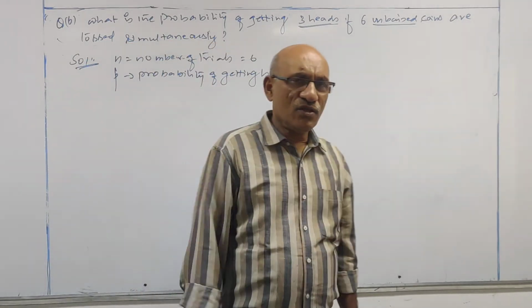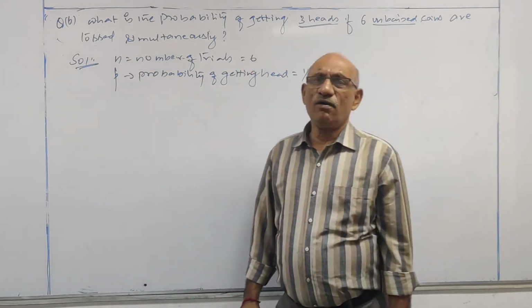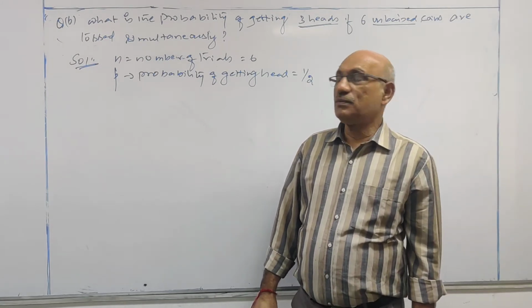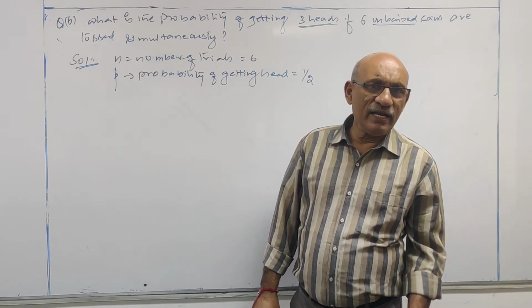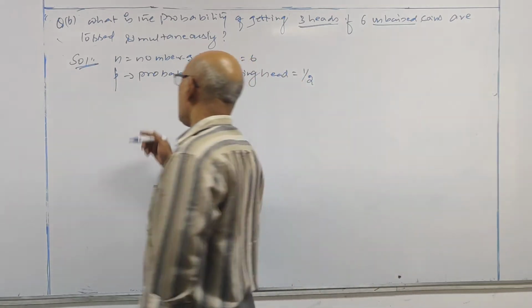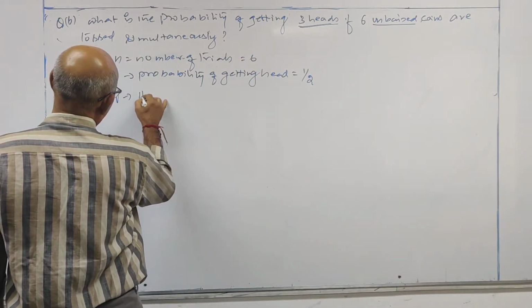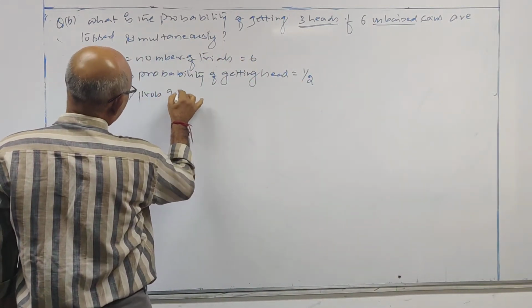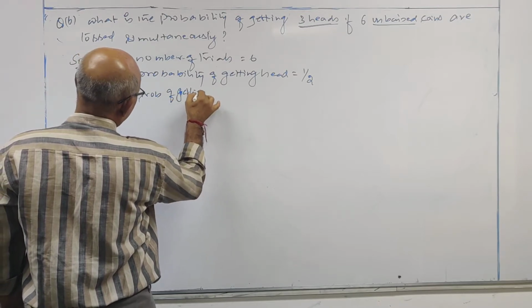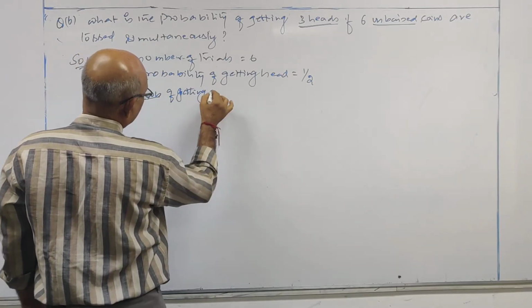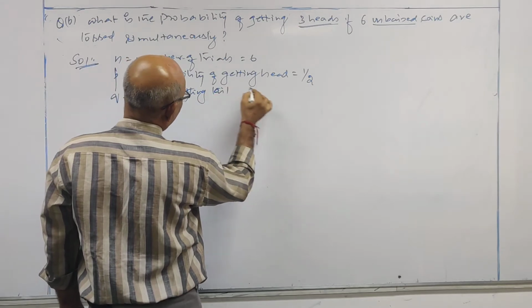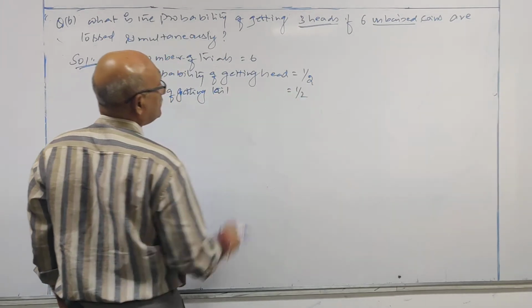When a coin is tossed, probability of getting head is equal to 1 by 2 and the probability of getting tail is also 1 by 2. Q is equal to probability of getting tail. This is 1 by 2.